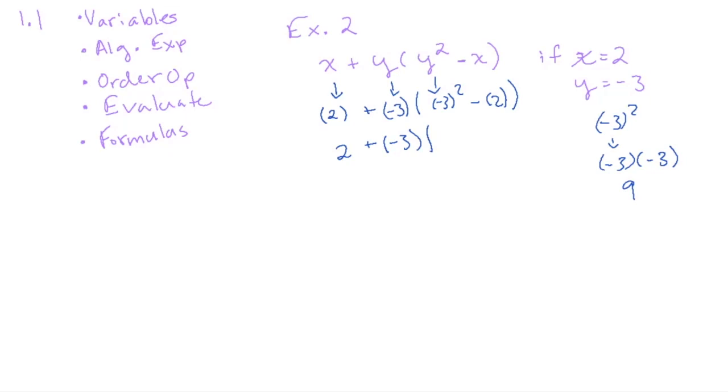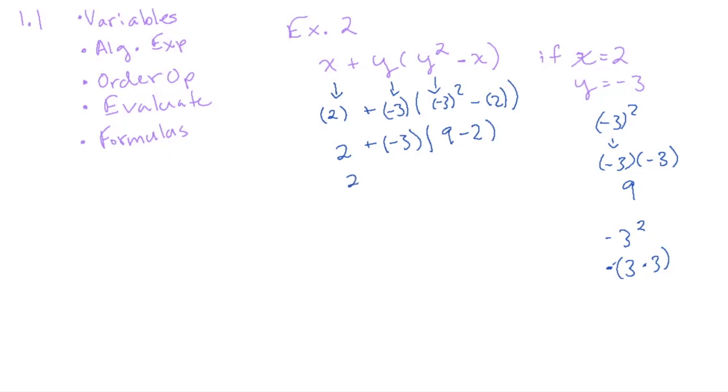Now, the difference would be if you had negative 3 squared without parentheses. In this case, what you're saying is negative, and then you have 3 times 3, because by PEMDAS, you should deal with the exponent part first and then deal with the negative. But in this case, we have negative 3 in parentheses squared, which gives us positive 9 minus 2, which now gives us 7.